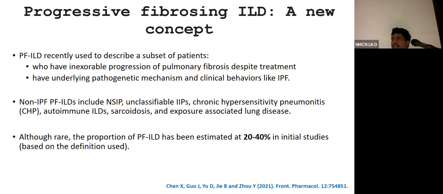Non-IPF PF-ILDs usually include NSIP, unclassifiable IIPs, chronic HP, autoimmune ILDs, sarcoidosis, and exposure-related lung diseases. Although it's rare, the proportion of PF-ILD has been estimated around 20 to 40% in initial studies, based on the different definitions that were used.